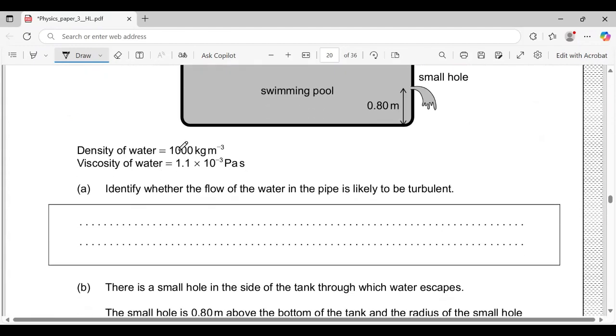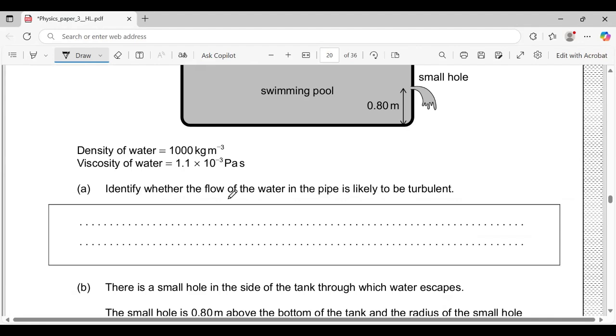Density of water is 1000 kilogram per meter cubed. This is rho, density of water. Viscosity of water is 1.1 times 10 to the power minus 3 pascal second. This is eta, the symbol.